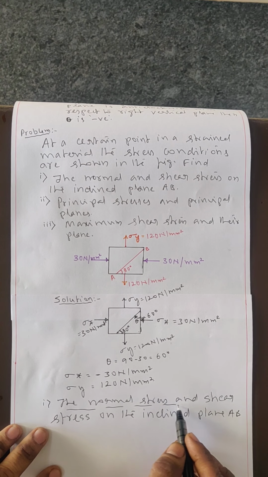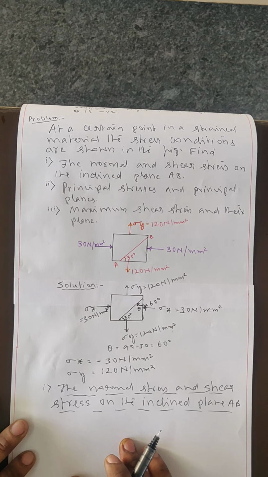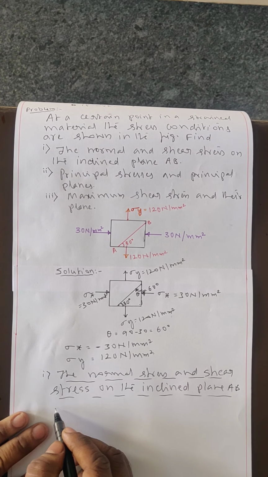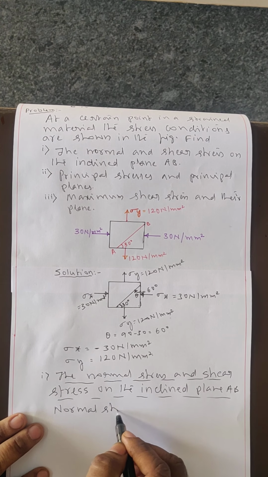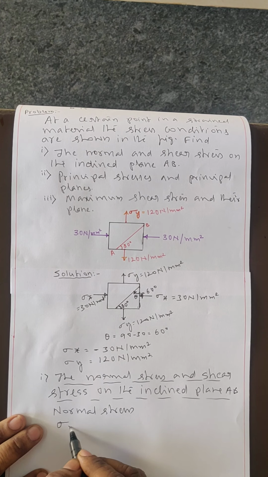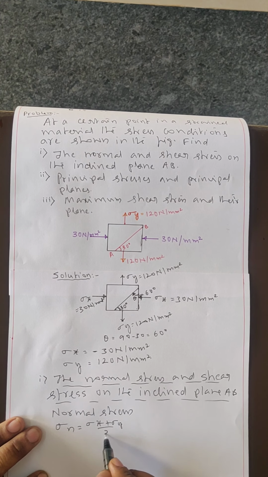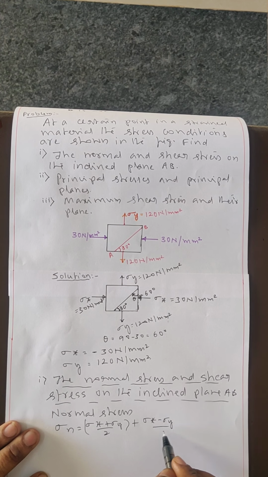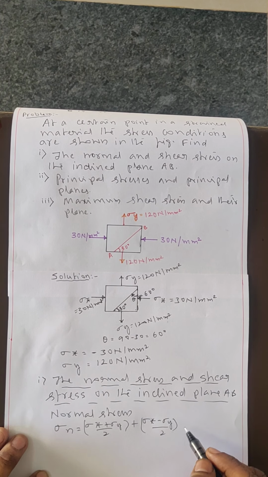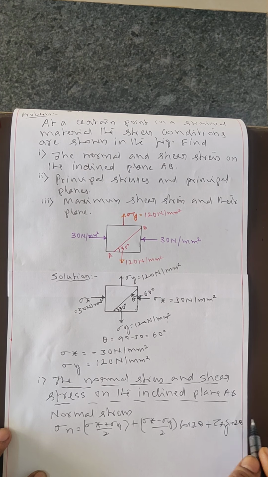This is the first parameter we have to calculate. See, we know the normal stress, sigma n equals (sigma x plus sigma y) by 2 plus (sigma x minus sigma y) by 2 into cos 2 theta plus tau xy sin 2 theta.